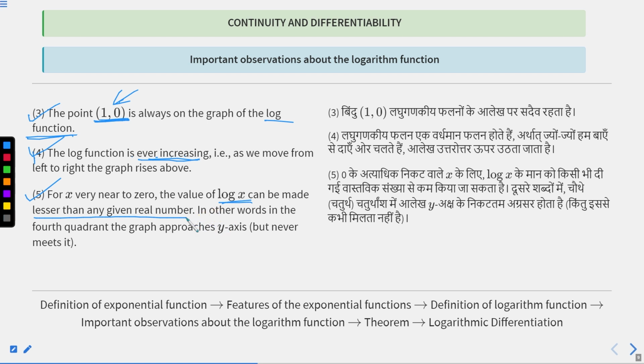In other words, if you move near 0 on the x-axis, towards the origin in the Cartesian plane, then the log function decreases. The graph moves downwards to minus infinity in the y-axis direction. In other words, in the fourth quadrant, the graph approaches the y-axis but never meets it.